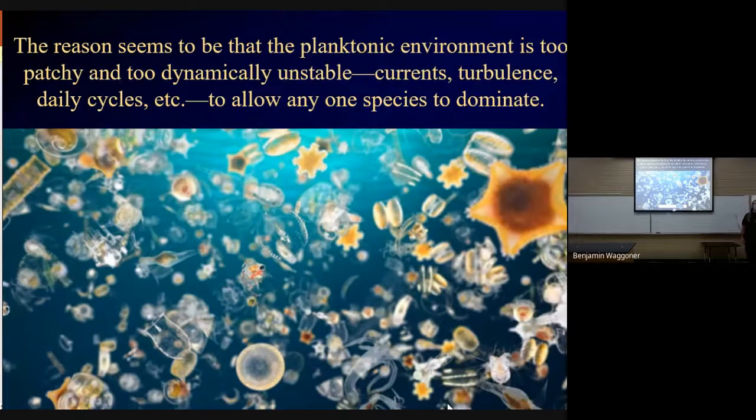To you, it just looks like the surface of the ocean, but if you were plankton, very small, you would find it's a very patchy environment. You might have small areas where there's lots of nutrients and patches where there's none, and patches where there's predators and patches where there aren't, and it's all constantly changing from second to second.